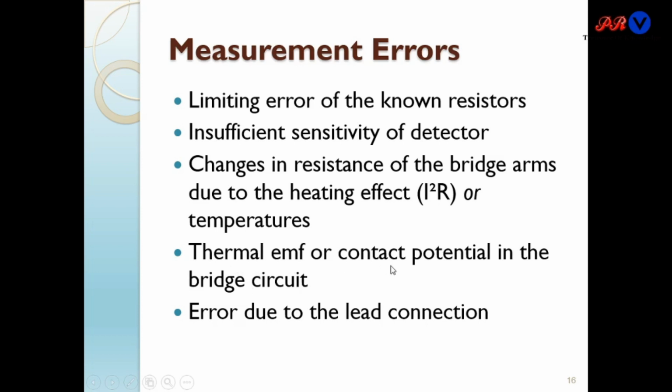Thermal EMF or contact potential in the bridge circuit is another source of errors. And the last is error due to the lead connection. Leads also have some resistance, so they will also create errors in measuring the resistance in the Wheatstone bridge.